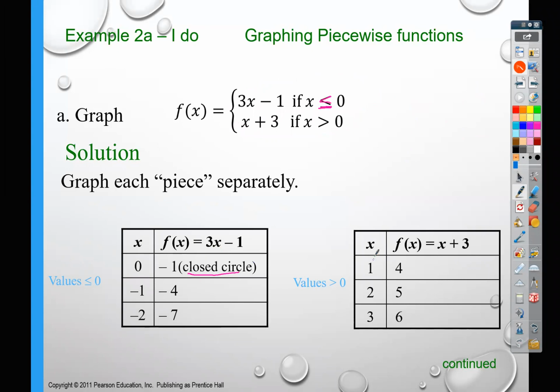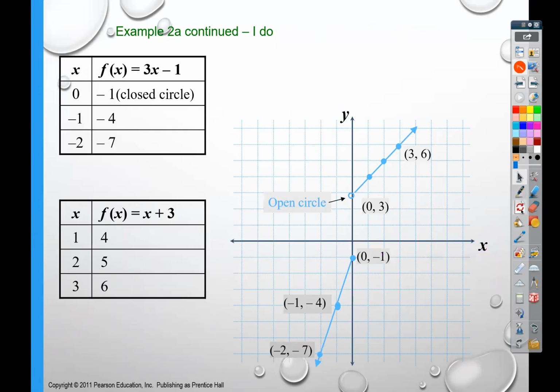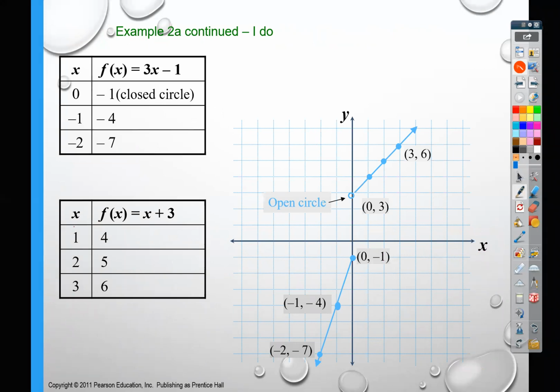On the second one, I actually should have plugged in a 0 here. If I plugged in a 0, I would get 3, and that would be an open circle at 0, 3, because it's not equal to 0. It's just greater than 0. Okay, so on the next slide, remember I said right here, this one should have a 0 and a 3, and that should be open.